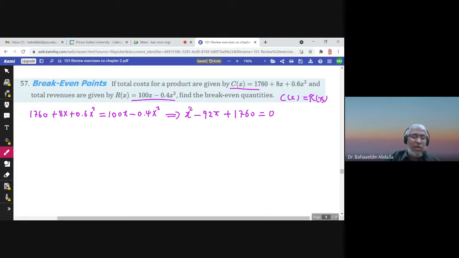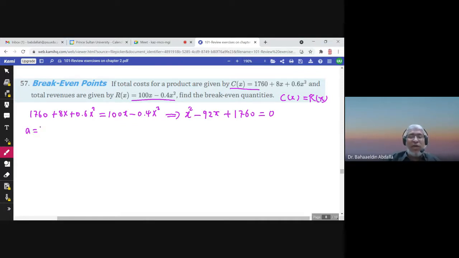Again, you can try to solve this equation either by factoring, although the numbers are large, not easy. But if you cannot factor, you can use the quadratic formula.